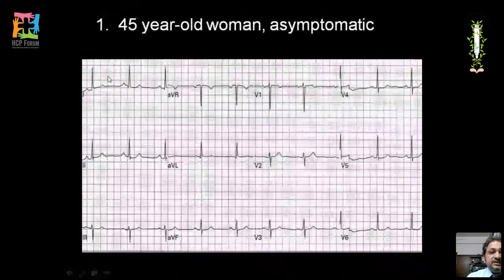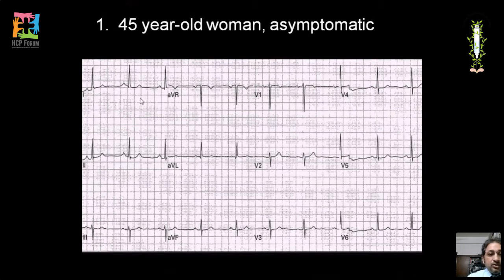Now this is an ECG of a 45-year-old woman who is asymptomatic. So what are the steps of reading an ECG? First, I told you that you have to understand the rhythm. So here, first we'll see whether it's a sinus rhythm or not. Before the QRS, there are P waves. So all the QRS are preceded by a P wave, and this is a normal P wave.